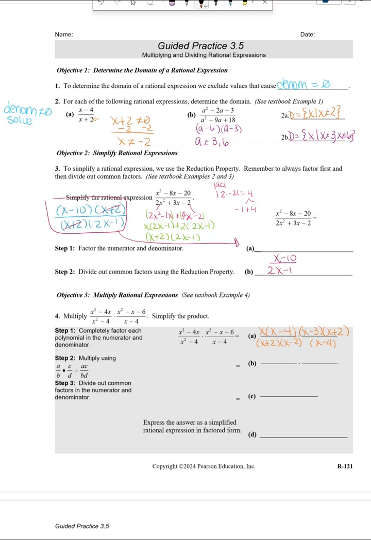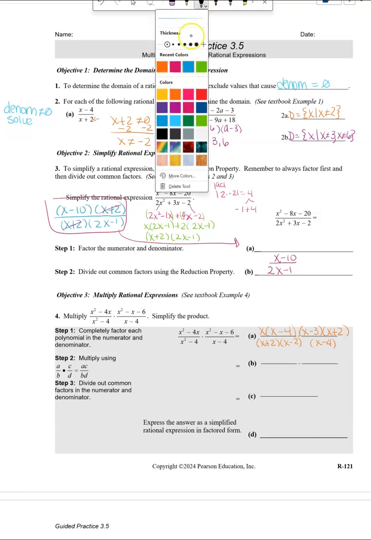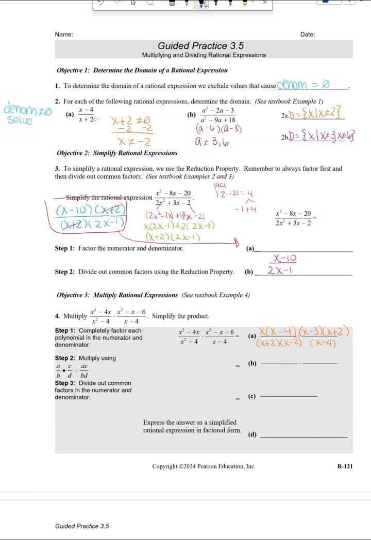Now, it says multiply using the multiplication property, but that's the hard way to go. Let's go ahead and do our cancellations. We could cancel this out, and then we have a positive 2 here. We could cancel those.